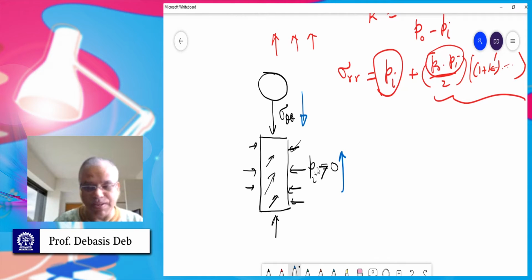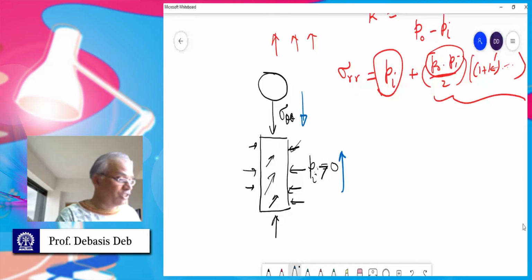Okay, now one more thing before I go to another, which I did not tell you before, is the displacement. Let me just write the equation for displacement.